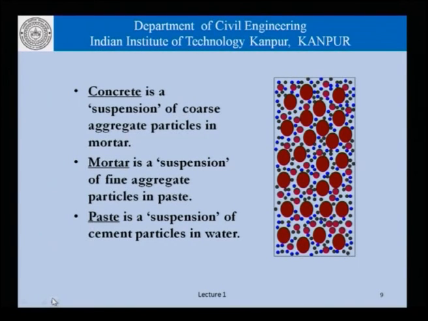Once again, this picture only reiterates what we talked about earlier. Concrete is a model of suspension of coarse aggregate particles in mortar. Mortar, on the other hand, is a suspension of fine aggregate particles in paste, and paste is a suspension of cement particles in water.